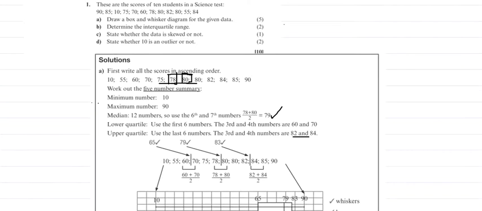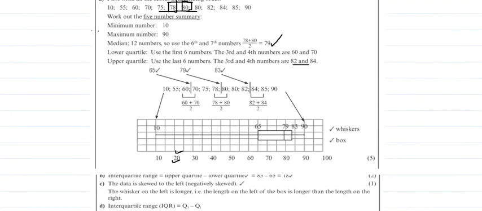Once we've got all our 5 summaries, we can now proceed to draw the box and whisker diagram. In the diagram you can see before you, it is explained exactly how we obtain Q1, Q2 and Q3, the quartiles.